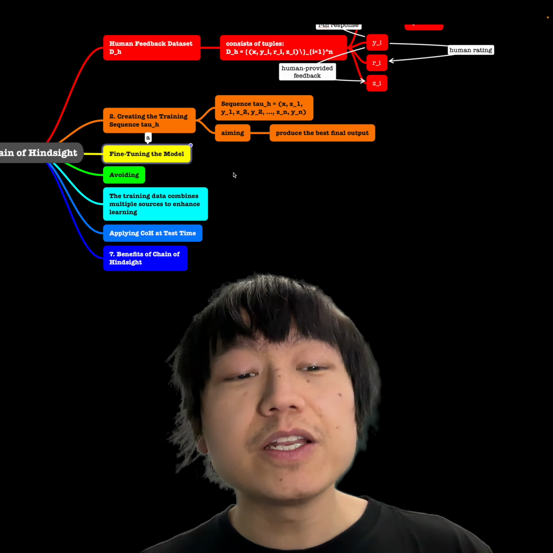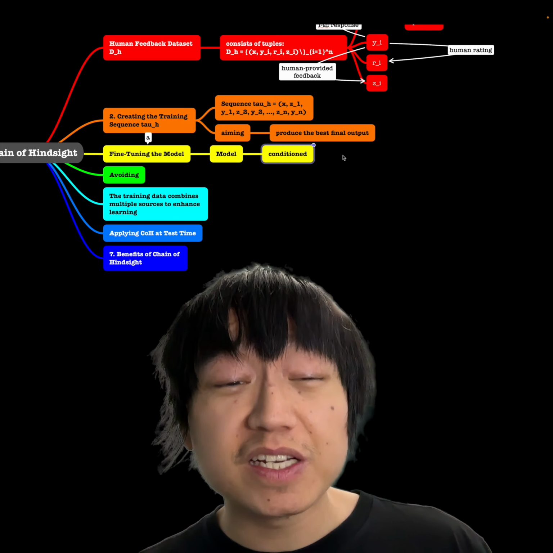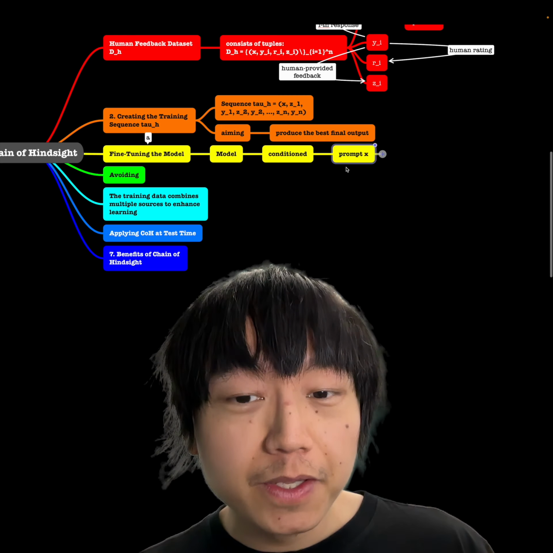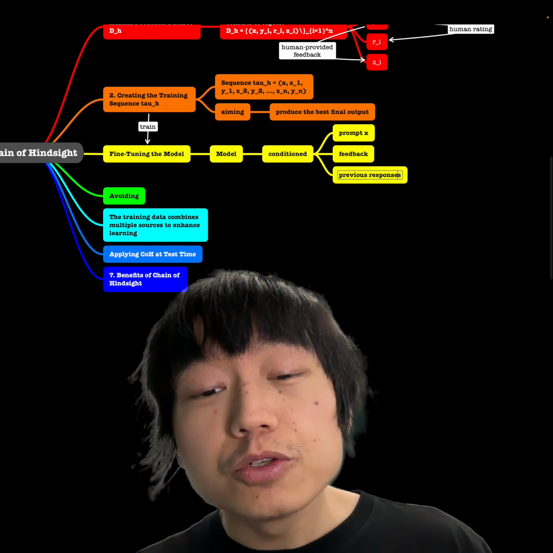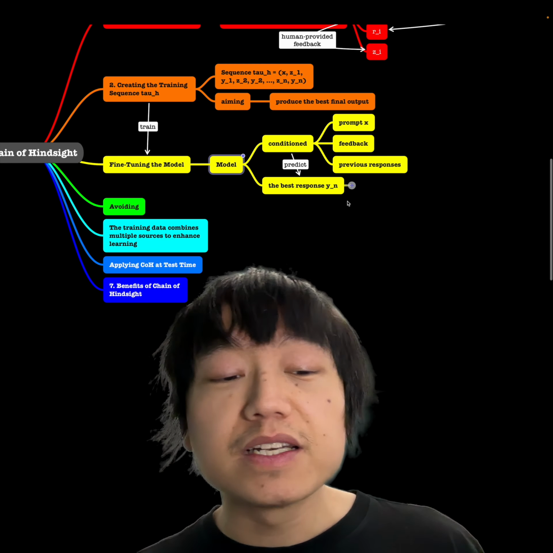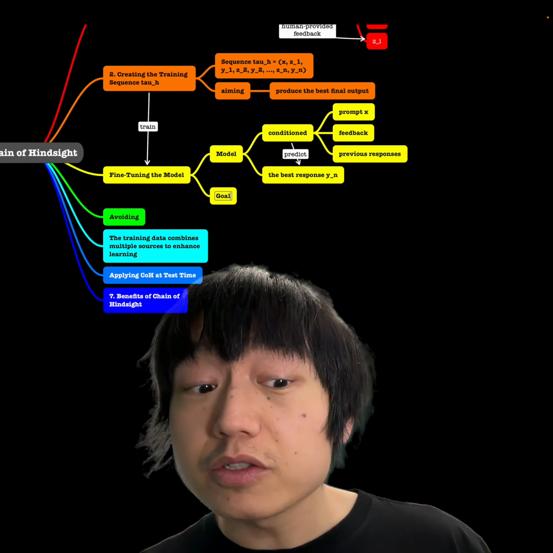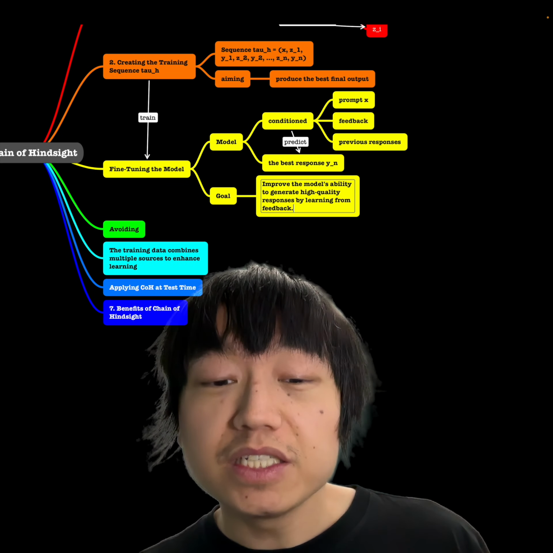And then we fine-tune this model. So this model is fine-tuned to predict the best response y sub n, in this case y sub 3, which is conditioned on the entire sequence of the previous feedback and responses. And the goal is to improve the model's ability to generate high-quality responses by learning from feedback.